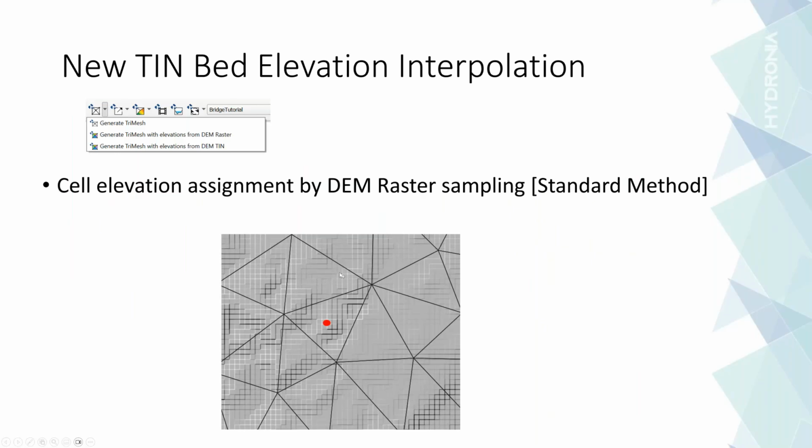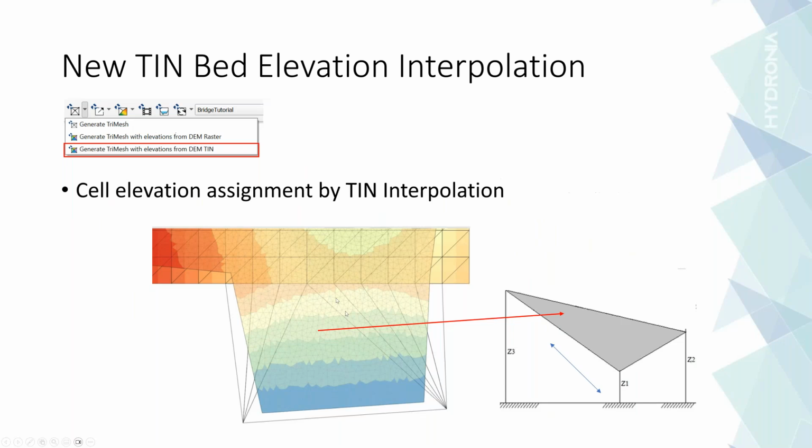Now, in the triangular interpolation, we use a different method. We use a bed interpolation. So if you have a triangular irregular network, instead of having a raster, you have as a source of terrain information a triangular irregular network. That means that you have different elevations at the vertices. So this information is used to determine the elevation at each cell of the model.